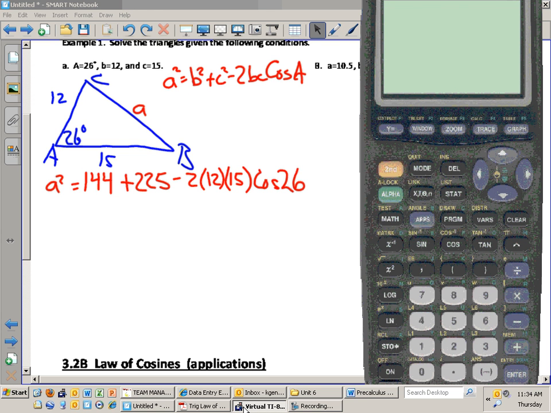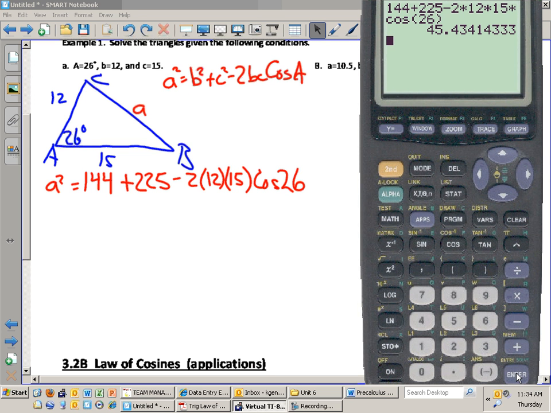I could just plug that all into my calculator. 144 plus 225 minus 2 times 12 times 15 times the cosine of 26. When I type it all in, it gives me A squared.